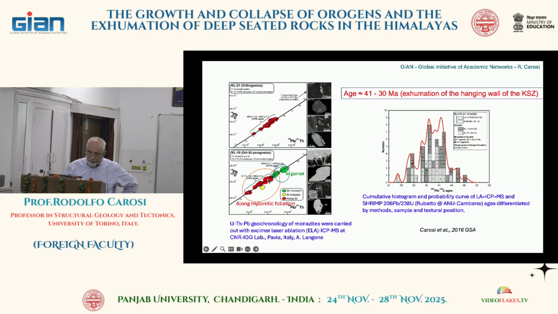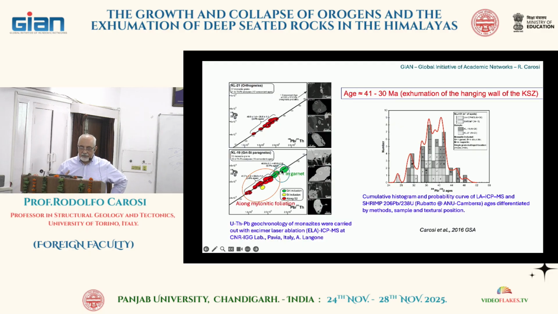This is a sample from the mica schist. The red ones are related to the monazite along the mylonitic foliation, the yellow along staurolite, and the green inside the garnet. As you can see, the monazite inside the garnet records older ages, 48, 43.8 million years.